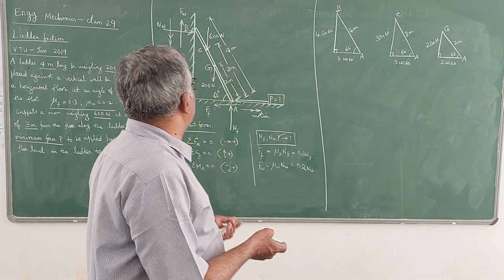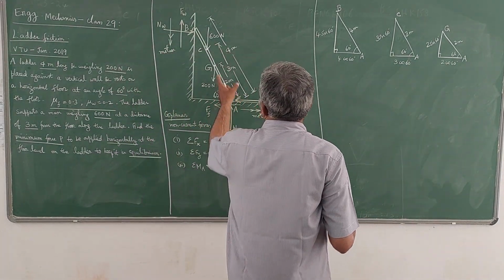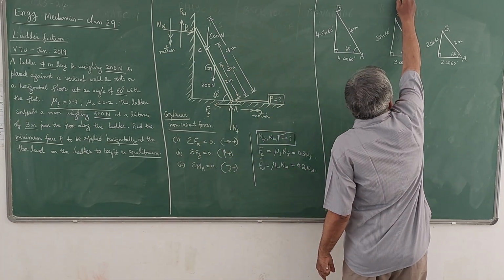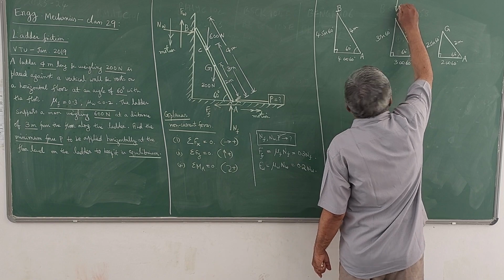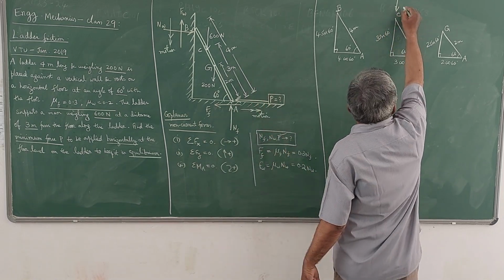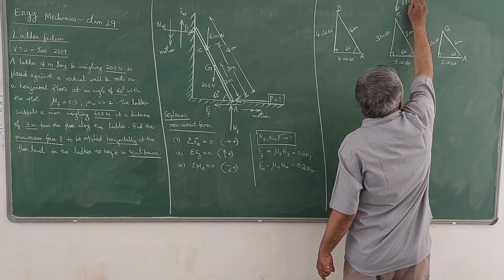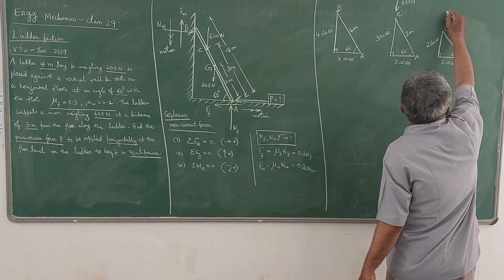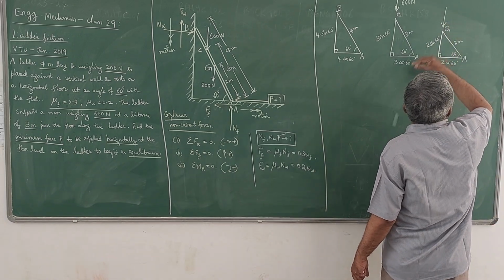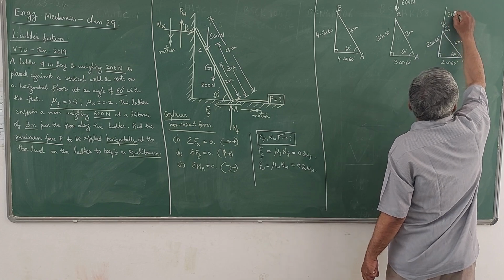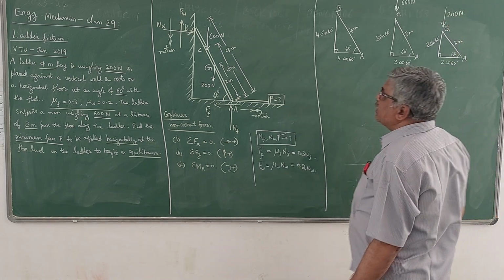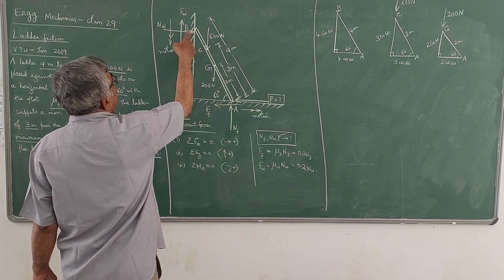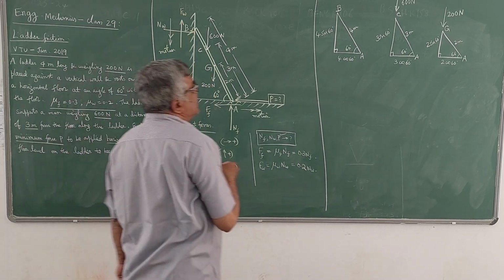You can see here at C you have a downward force, that is the weight of the person, 600 Newton, and at G the weight of the ladder is acting, that is 200 Newton vertically downwards. At B you have two forces acting.